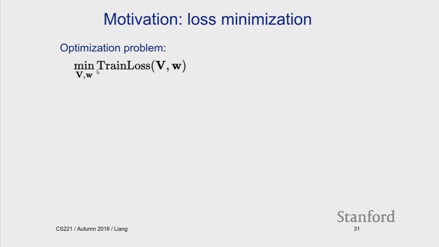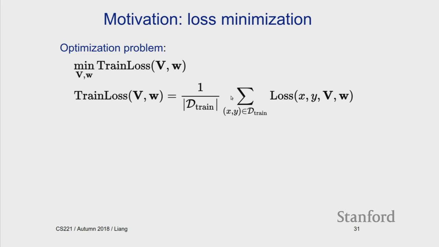Minimize the training loss, and now there are two sets of parameters: the weight vector at the last layer, and then these v's, v1 through vk. This is the same as before: the average of all of the loss functions of individual points. What is the loss? If we're doing regression, then it's the square loss, y minus the predicted value, squared.